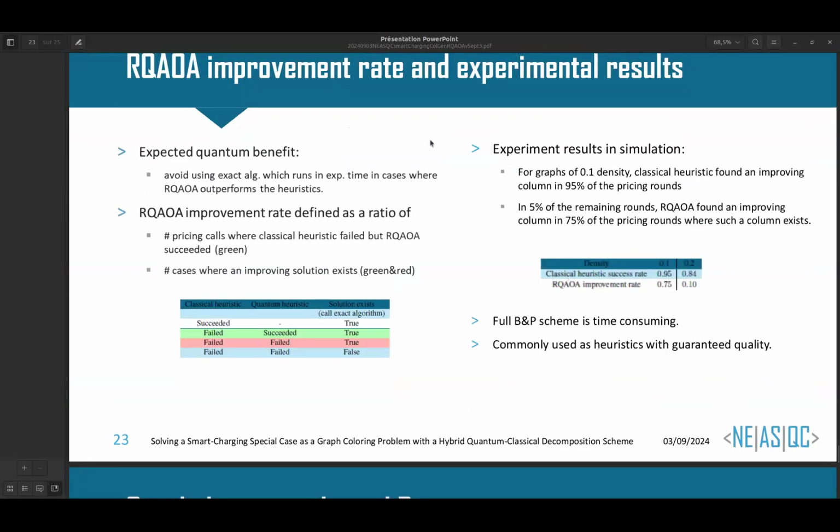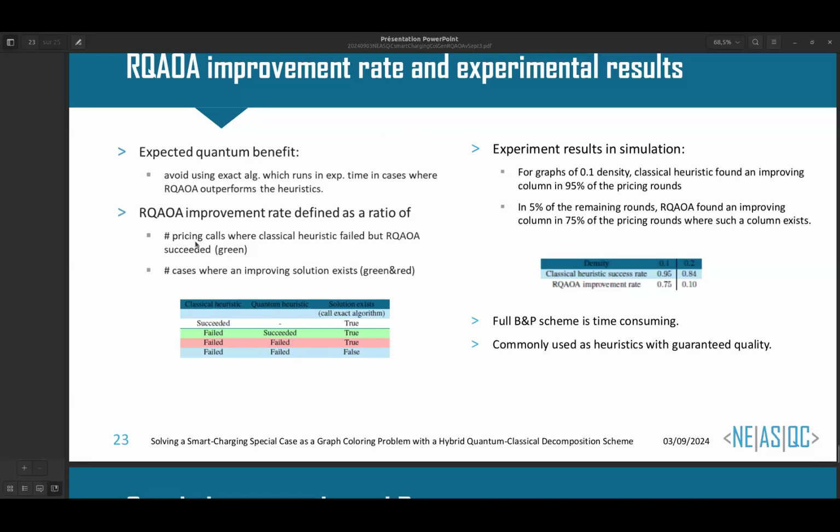So we wanted to take benefit of the RQAOA algorithm when it outperforms the heuristic. So what we did is to define an improvement ratio, which is quite tricky to understand, so I try to make it clear.